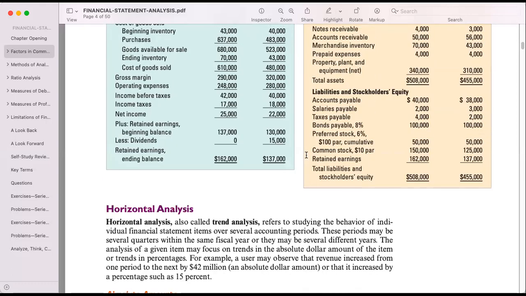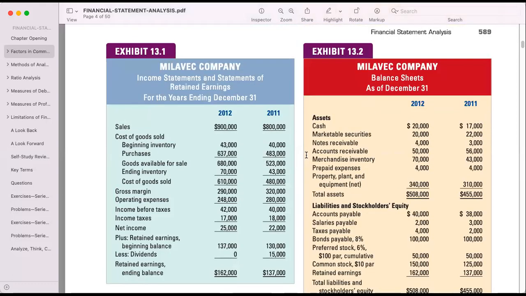So let's go up. In a horizontal analysis, the interpretation of the data will involve different time periods. For example, for this Melvick Company, we have 2011 and 2012 data. Horizontal analysis will interpret the data through several periods.